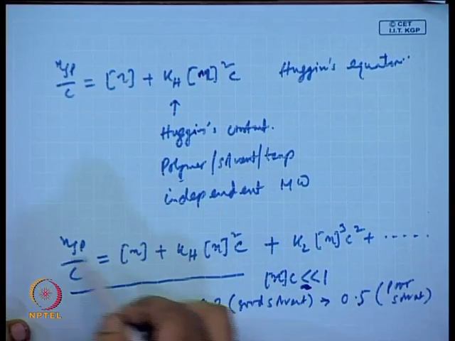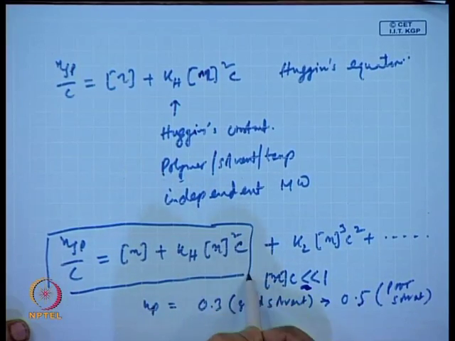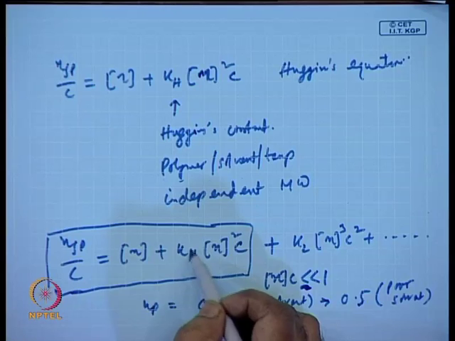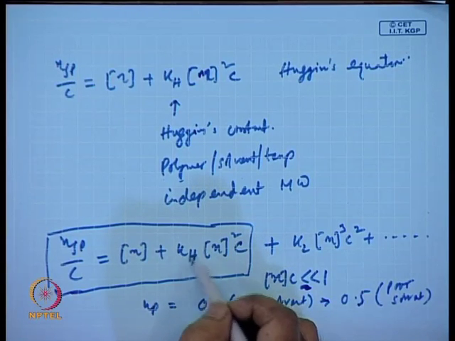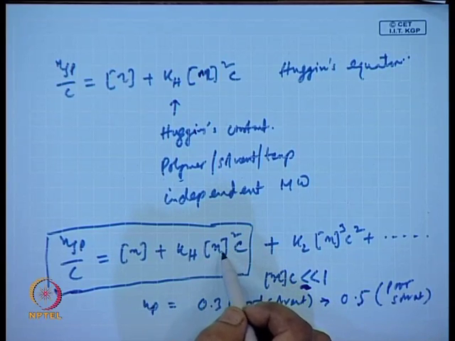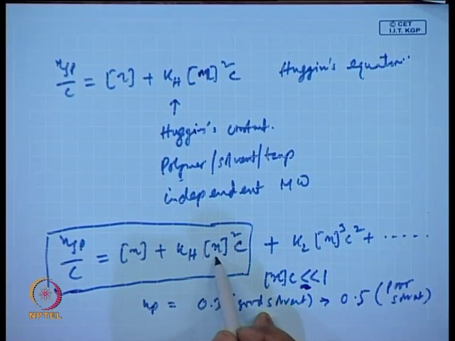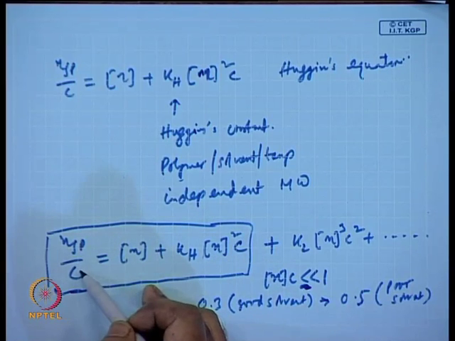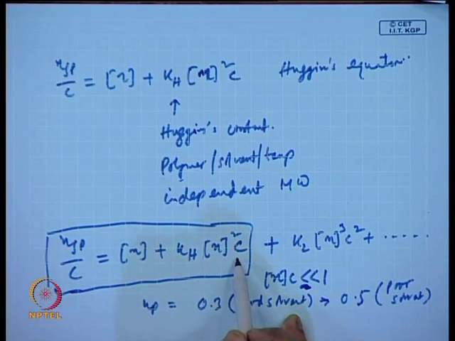Now, in this case, from the Huggins equation, you only need the value of Kh. If Kh is known, then obviously you can determine the intrinsic viscosity by plotting eta Sp by C versus C, as long as C is very dilute.